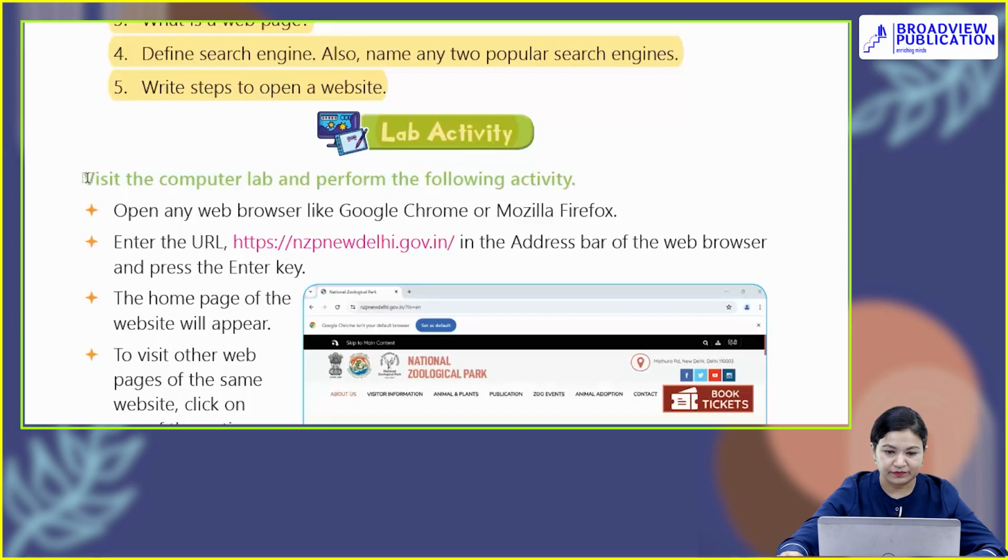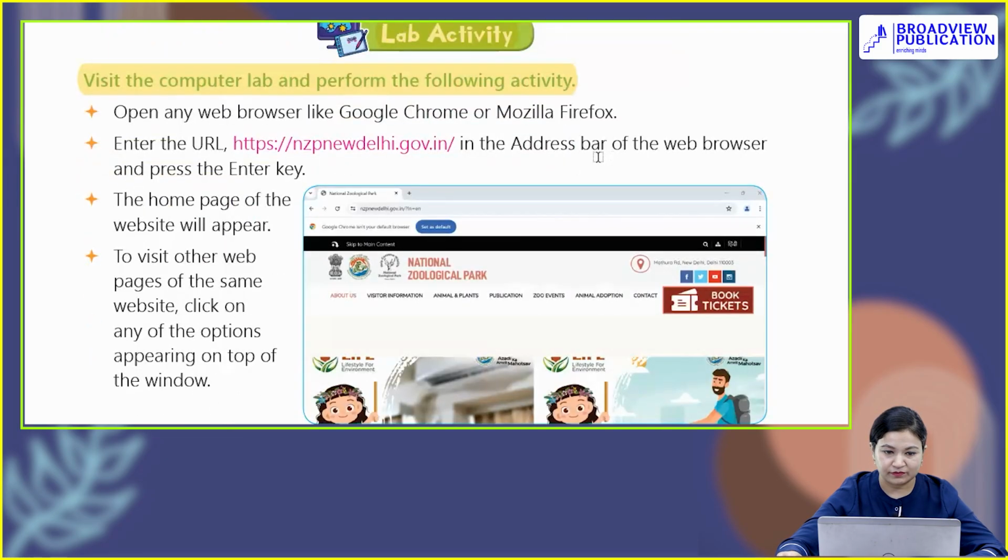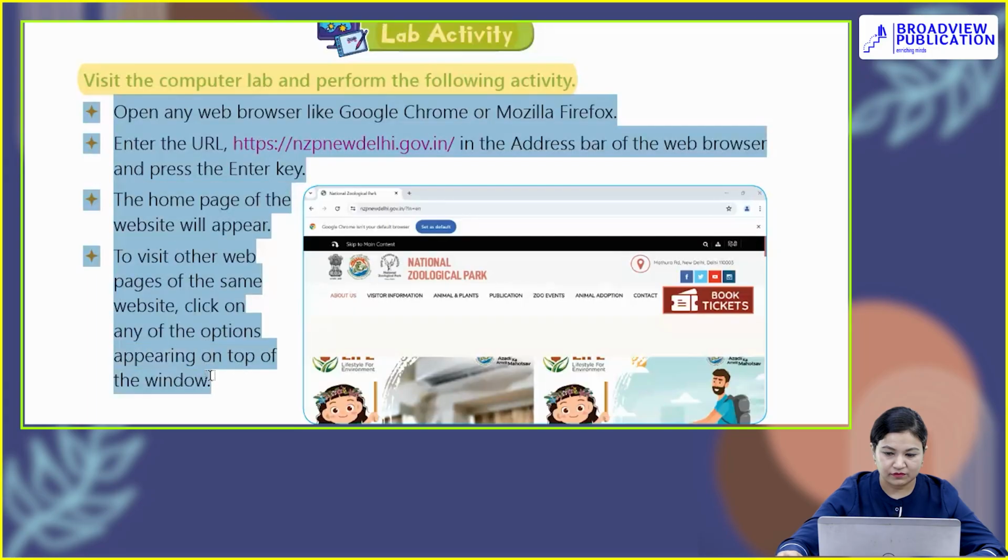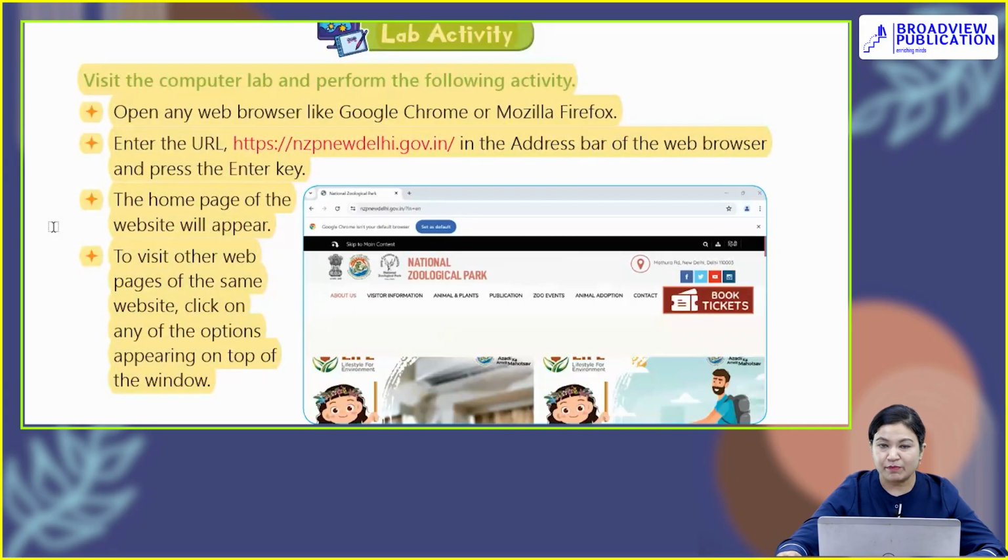Lab activity. Visit the computer lab and perform the following activity. Open any web browser like Google Chrome or Mozilla Firefox. Enter the URL https://nzpnewdelhi.government.in in the address bar of the web browser and press the enter key. The home page of the website will appear.